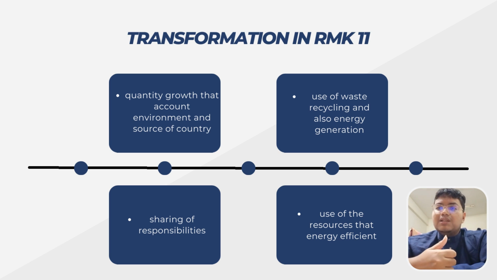What transformation does the government want to make? It is firstly quantity growth that accounts for the environment and the resources of the country. Second, the use of waste recycling and also energy generation. Third, sharing of responsibility, because the government wants to reduce its burden, so they want to make the environment the responsibility of all of us.